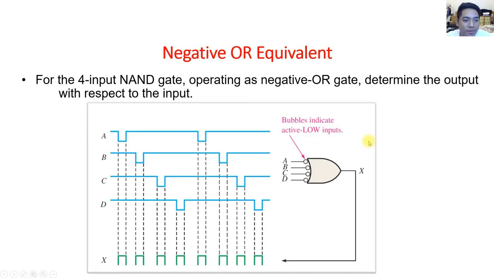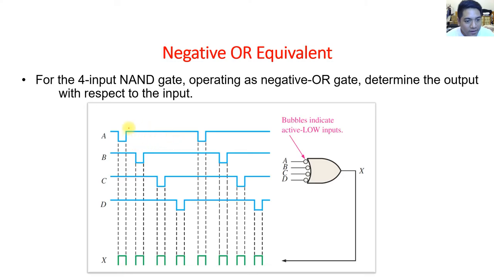So for example, for the 4-input NAND gate operating as a negative OR gate, determine the output with respect to the input. As you can see here, the NAND gate is equivalent to the negative OR. For the negative OR, if one input is low, the result will be high. So let us try.